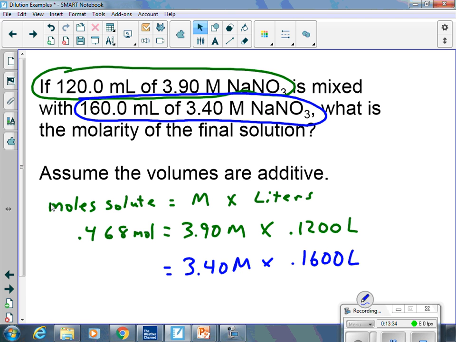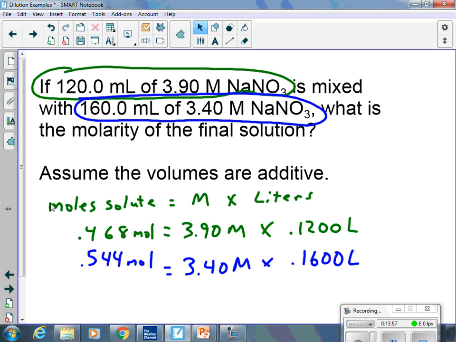And I get 0.544 mole. Are we with me so far? That wasn't anything new, was it?